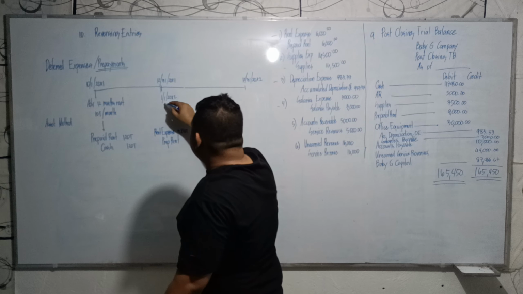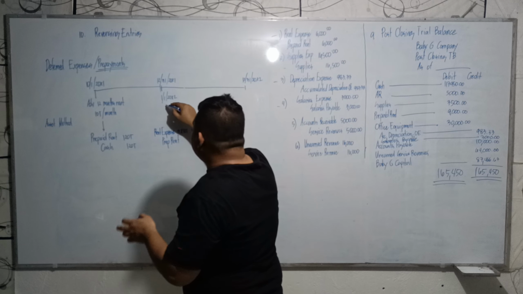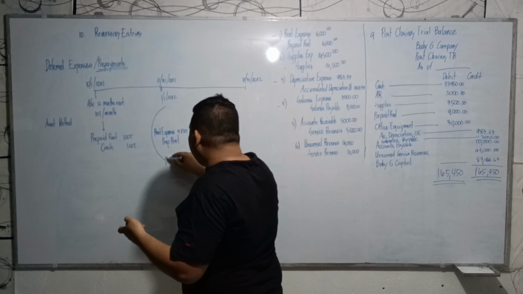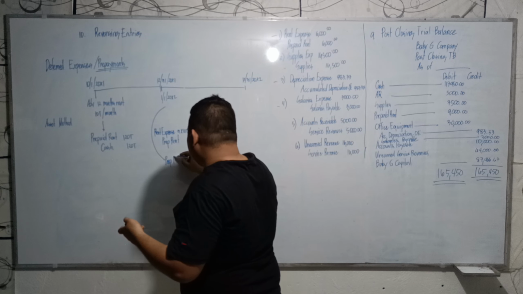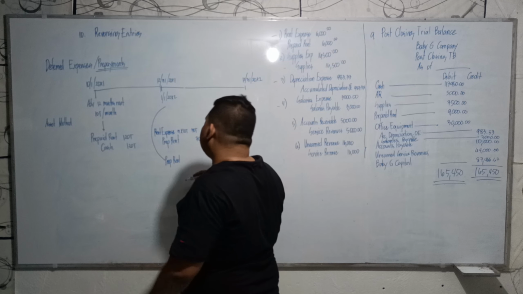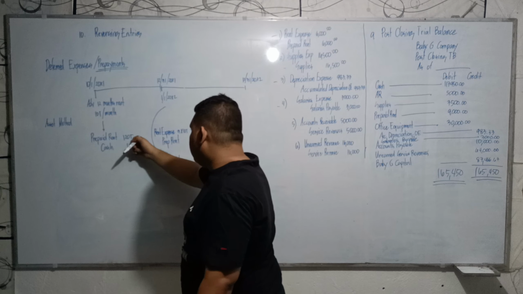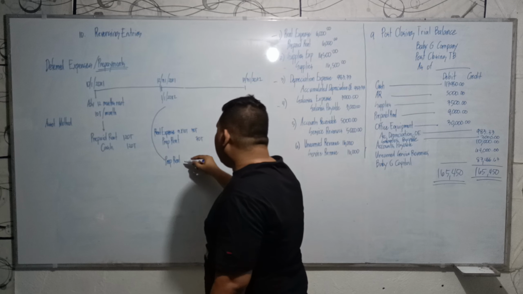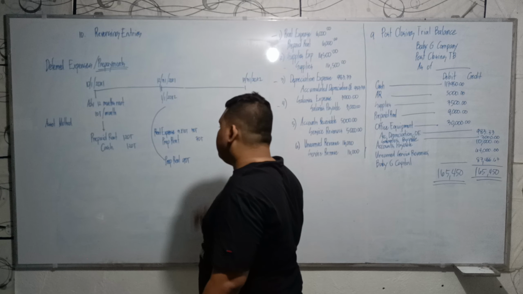So on 1/1, 20x2 or 12/31, 20x1, you will have a prepaid rent balance of 120 minus 30 because 30 has already expired. So you still have 90,000.